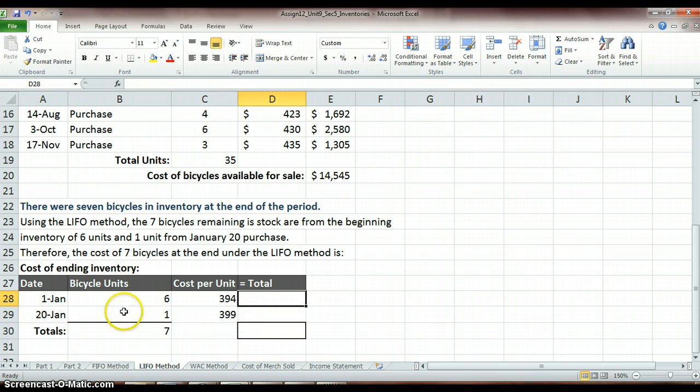So now we need to figure the total cost for each of these purchases. Oops, and this is a multiplication, taking 6 times $394, and here we're taking 1 at $399. That tells us it's going to be $399.